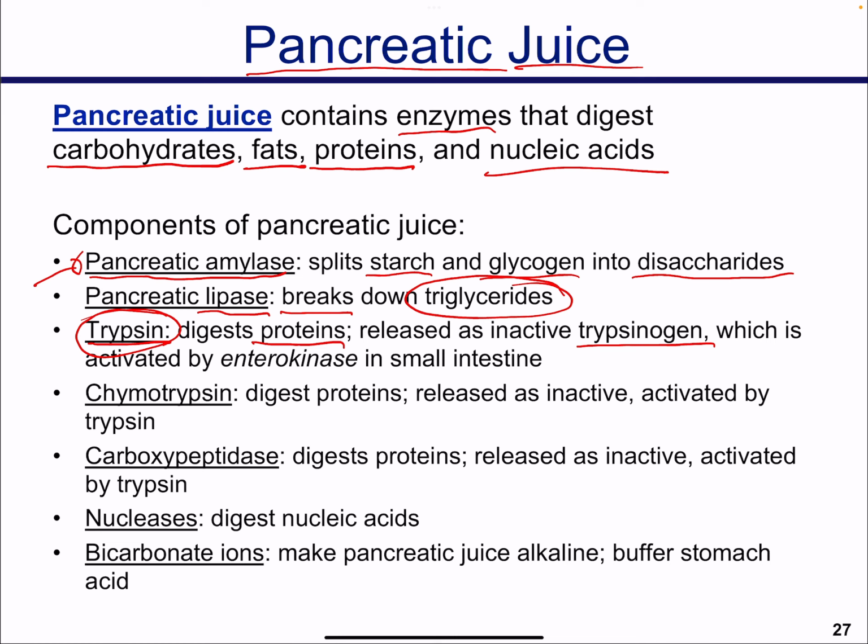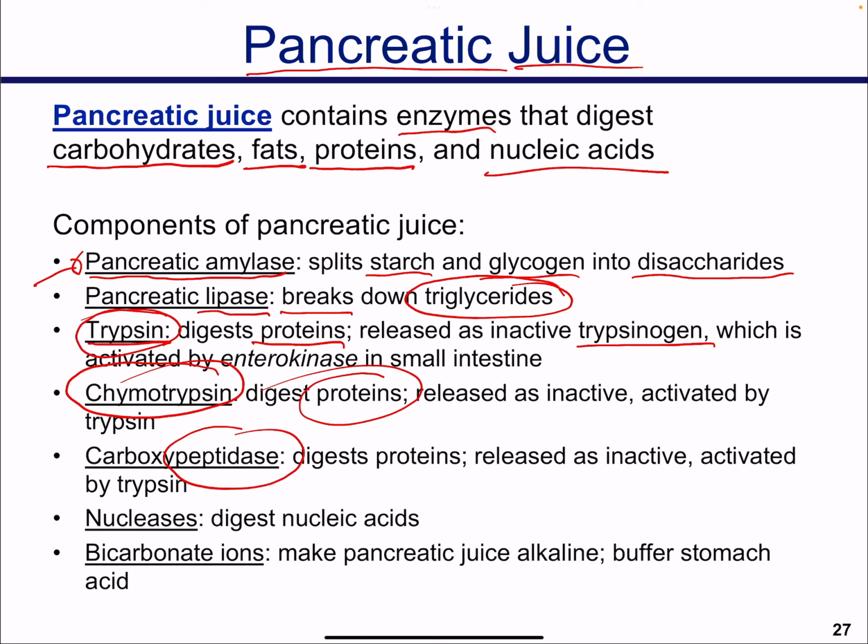So, trypsin is actually activating another enzyme that is called chymotrypsin. Chymotrypsin is another enzyme that breaks down proteins, okay? And finally, another enzyme that breaks down protein is the carboxypeptidase.